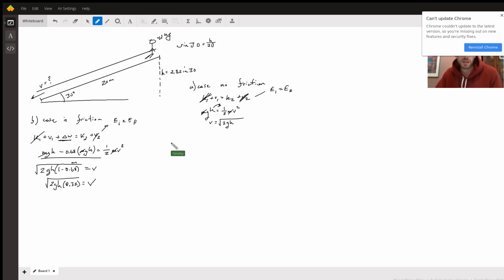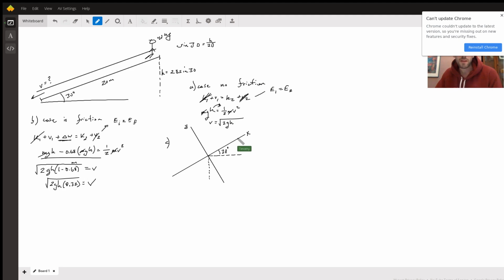All right, now part C is a little trickier. What we're going to have to do is create an inclined plane, and we're rotating this about 30 degrees. So just to show the 30-degree rotation, we're just going to do this to keep everything lined up. Okay, and we're going to call this X and we're going to call this Y. All right, so the question is asking, calculate the force of kinetic friction on the girl during her descent.